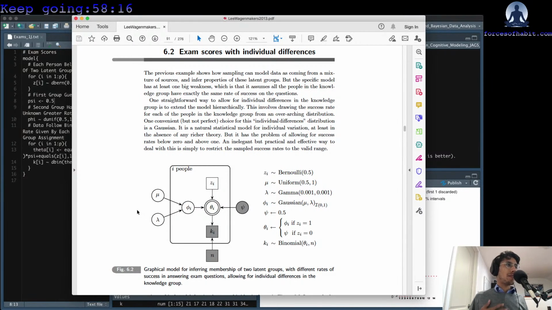I don't think that's what it's doing in this case, but I think it's just allowing us to gain insight on the particular success rates for each individual. So in this case, we're just extending the model.